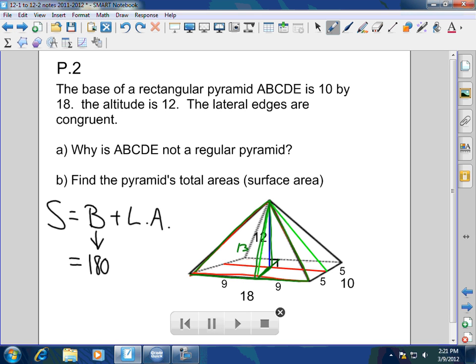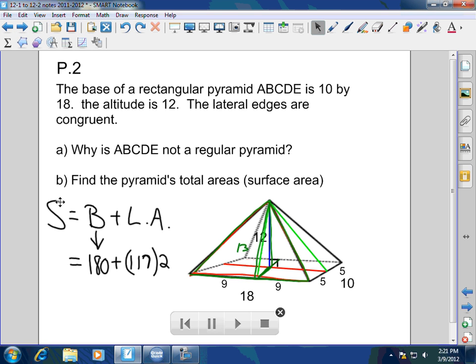So the area of that face is going to be 18 times 13 divided by 2, right? So that's going to be 117, but times 2. Why times 2? Because you have one on this side, but you have one behind it that's exactly equal.